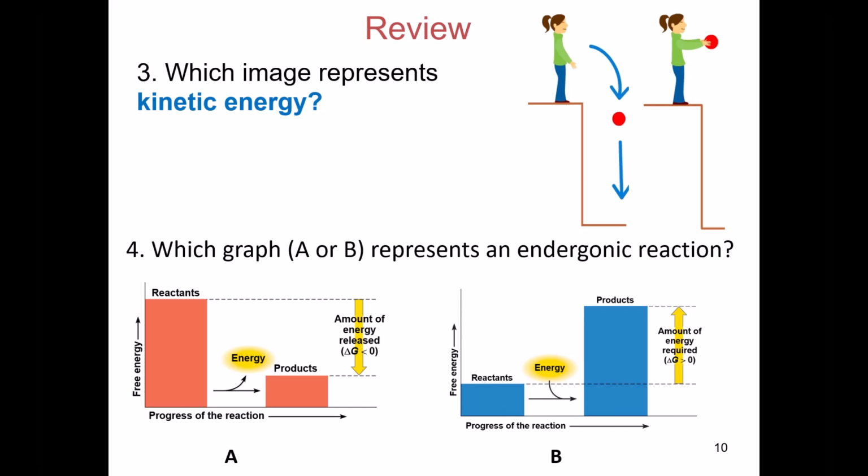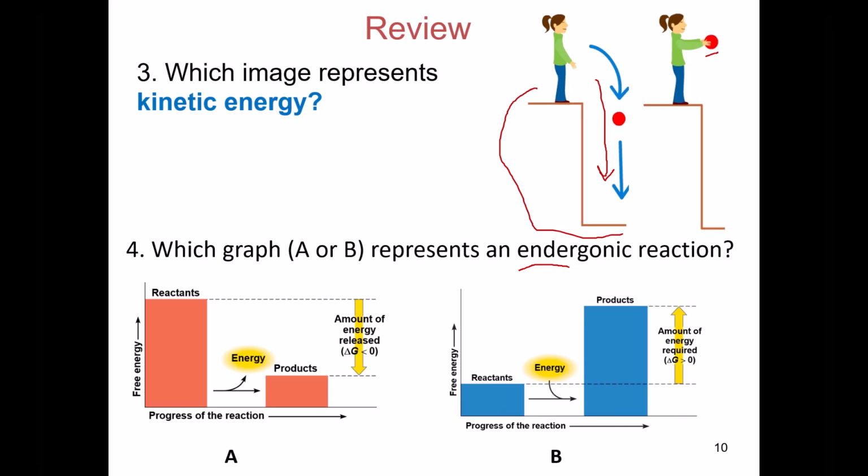Which of these pictures with the person with the ball represents kinetic energy? So that's going to be the first picture here because the ball is moving. In the second picture, that's going to be potential energy because of the position of the ball. For number 4, which graph, A or B, represents an endergonic reaction?